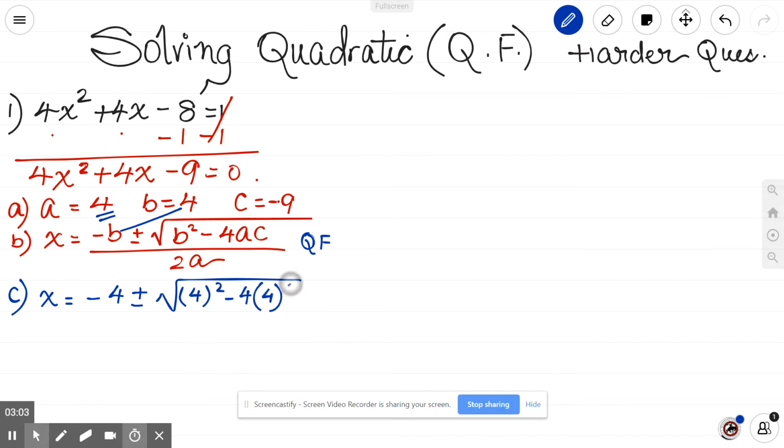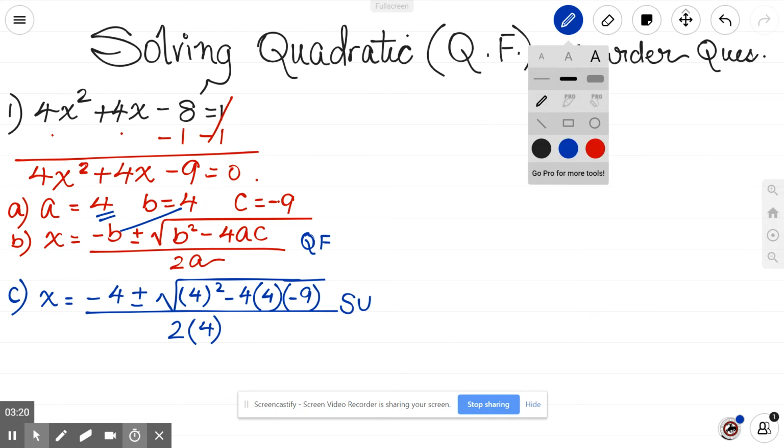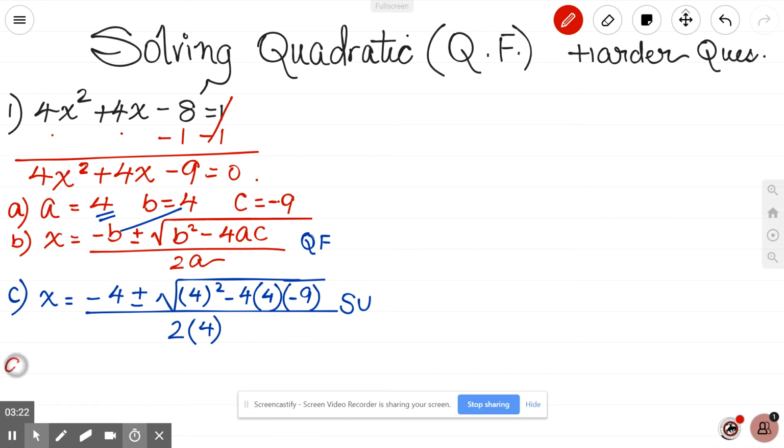Times c. What is c? Negative 9. I have to bring the sign with it. Everything over 2 times a. What is a? 4. So this was my setup step. I'm setting up everything in the formula. Let us move on to the next step.